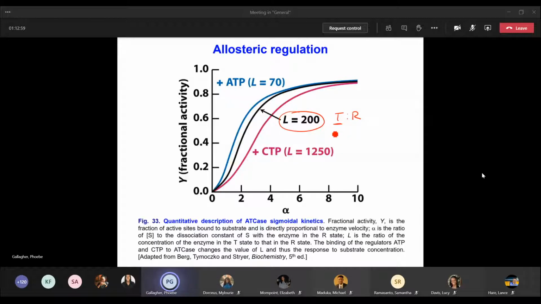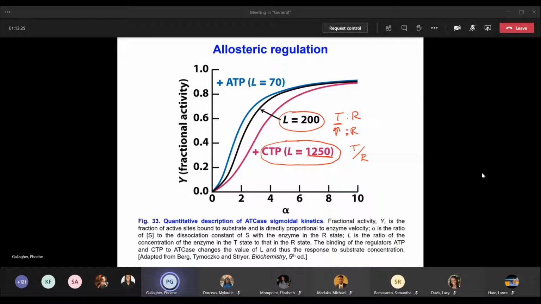The taut state occurs when there is an increased amount of inhibitor. If there's a lot of CTP, there are going to be more enzymes in the taut state and not as many in the relaxed state. So this L number is going to be very high because it's a fraction, T over R, showing you the ratio of T to R. If it's high, you know that it's more likely to be in the taut state.